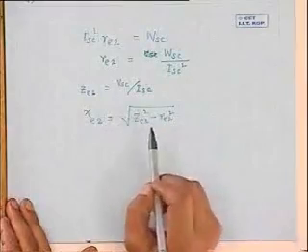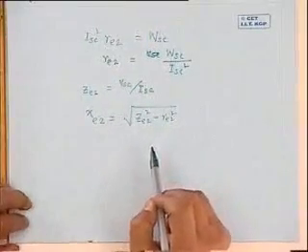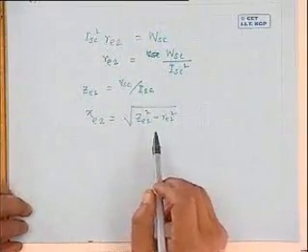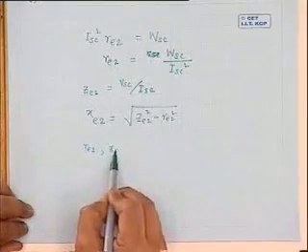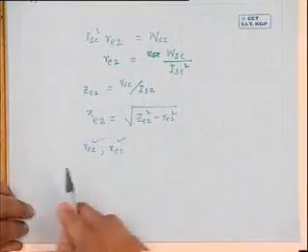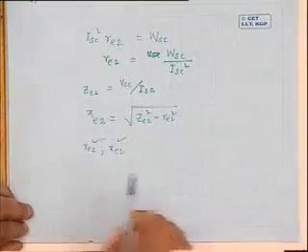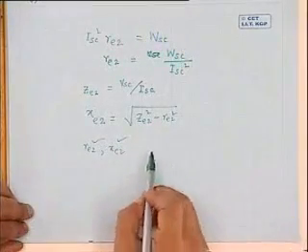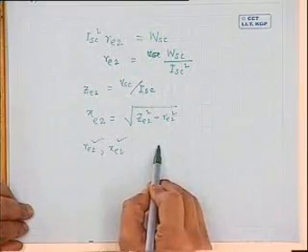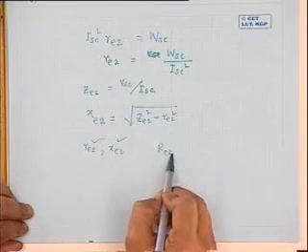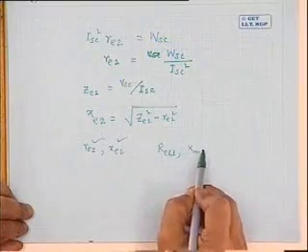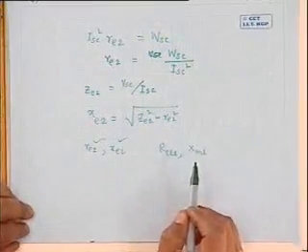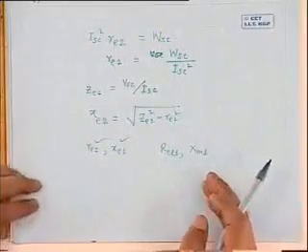So this will complete the determination of the parameters of the equivalent circuit. So RE2, XE2 are known, these are those parameters which come in series with the equivalent circuit, and we have already calculated RCL, but remember it is with respect to side 1, and XM1 with respect to side 1.